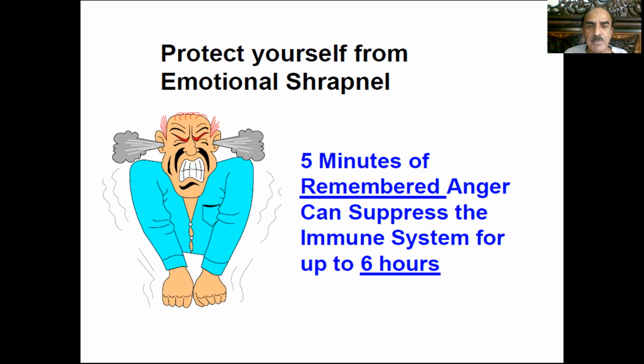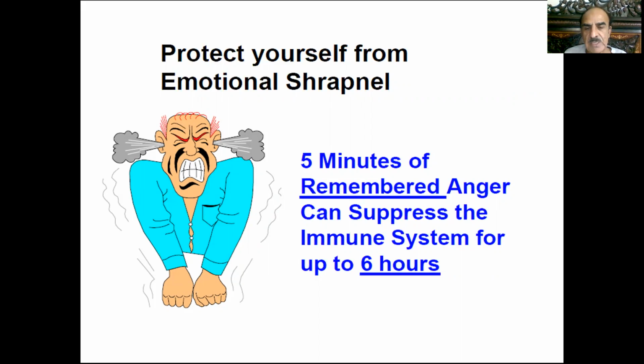And this is a very important slide which tells you that 5 minutes of remembered anger can suppress the immune system for up to 6 hours. So this is very important as we are dealing with conflicts. We have to be very emotionally stable, and we have to avoid anger so that we cannot damage our immune system.